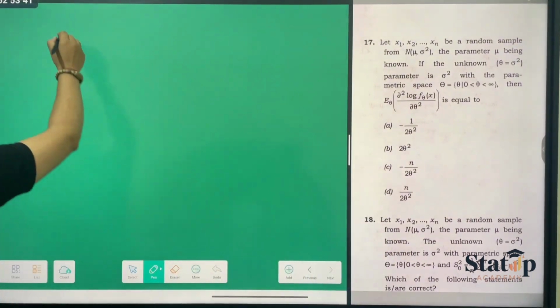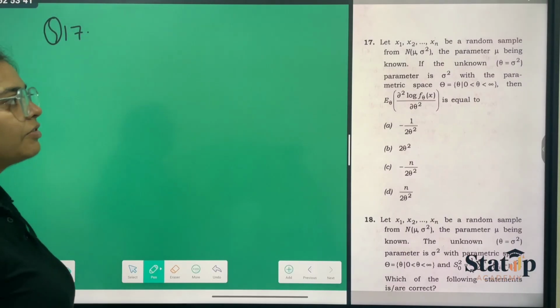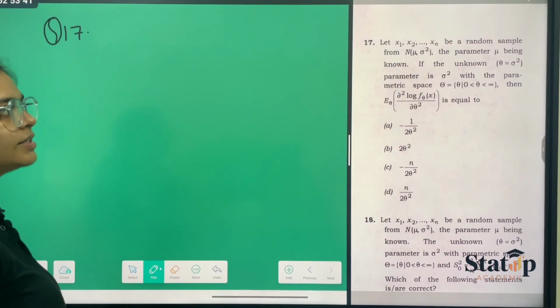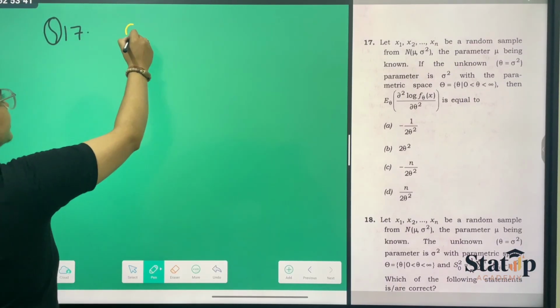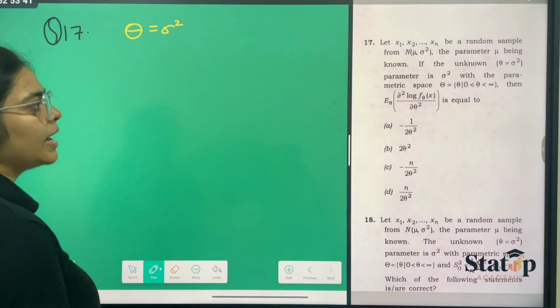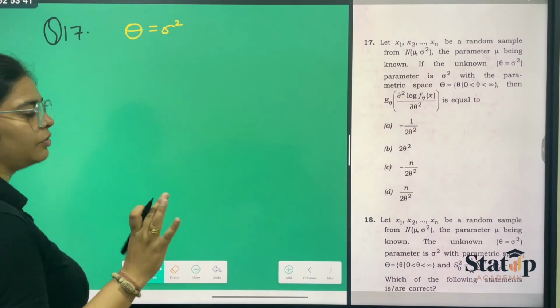Now in question number 17, they have given us that the xi's follow a normal distribution with mean mu and variance sigma square, and they have taken theta equal to sigma square for calculation purposes. They have asked us to calculate the value of I theta, or Fisher's information.